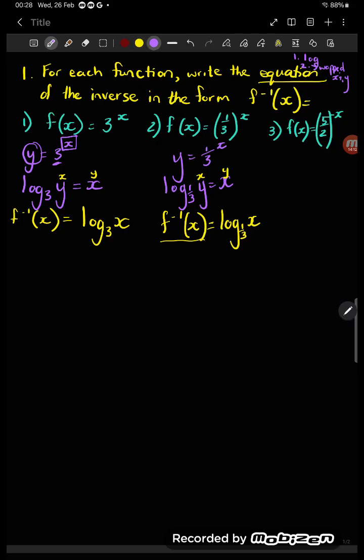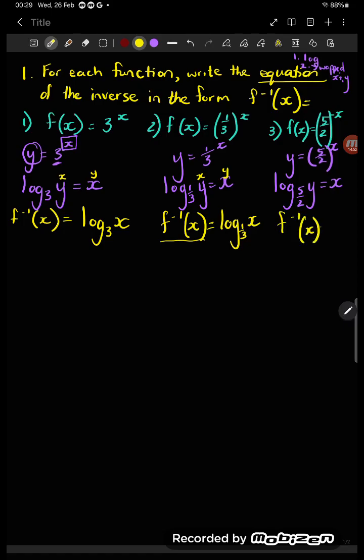Next one, I've got y is equal to 5 over 2, and how much did it grow by? It grew by x. Let's log that thing. Remember, I'm just turning this f of x part into a y so you can see the y nicely. So log base 5 over 2 of y, how much did it grow? It grew x many times. Now I'm going to do the inverse.